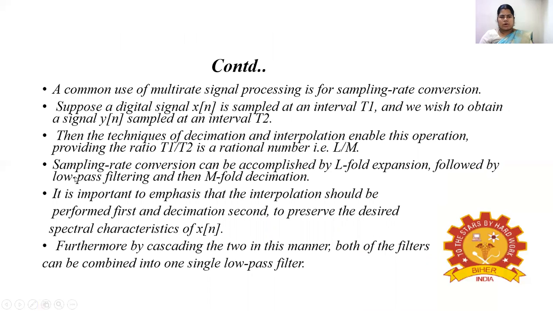A common use of multi-rate signal processing is sampling rate conversion. Suppose a discrete signal x of n is sampled at an interval T1, and we wish to obtain a signal y of n that is sampled at an interval T2. The technique of decimation and interpolation enables this operation, provided the ratio T1 by T2 is a rational number.